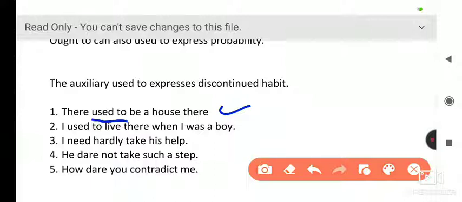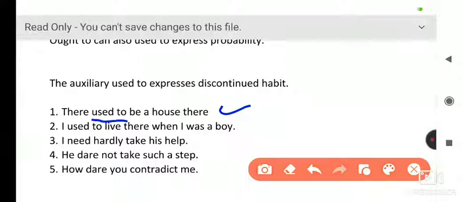We can easily understand that the house was previously situated at the place. So we can use the modal used to express that the house was previously situated there.